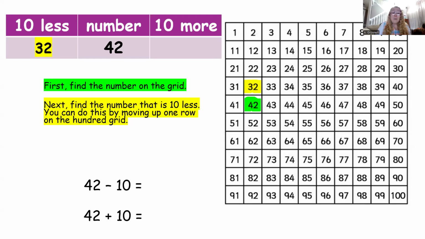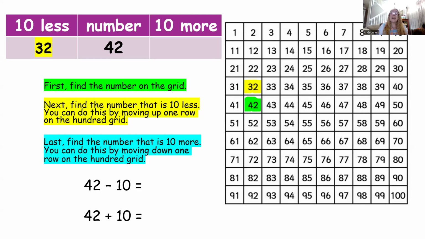Okay, now we need to find the number that is 10 more. How do we do this? Well, we do this by moving down one row on the 100 grid. Okay, let's do that. Do you see the number that's down one row from 42? You got it. It's the number 52.